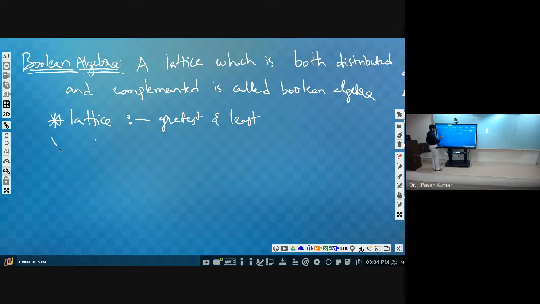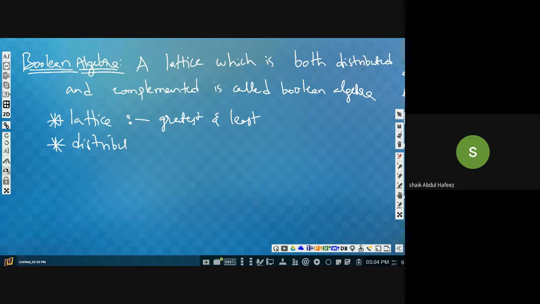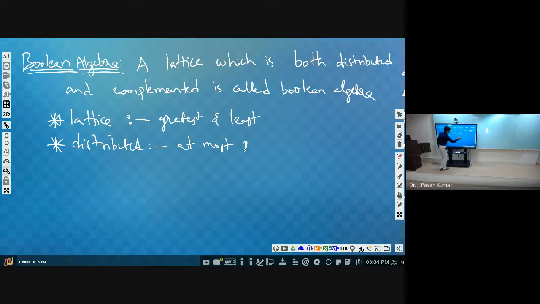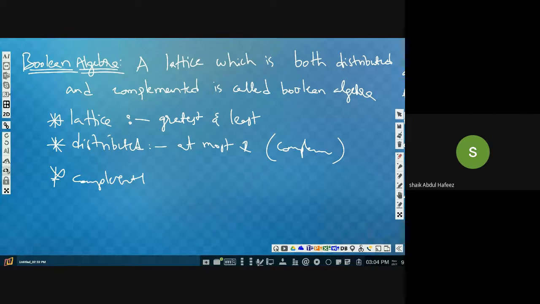Next, how can we find whether it is distributive? It should have at most one complement. We need to find the complement of every element. Next, complemented lattice: at least one complement.